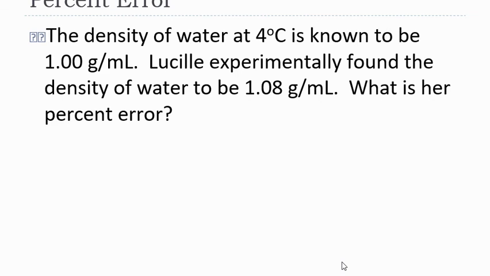All right, so if we're looking at percent error, here is the density of water. It is 1 gram per milliliter. This is what they got for their experiment. They want to know percent error. See if you can calculate the percent error for this.